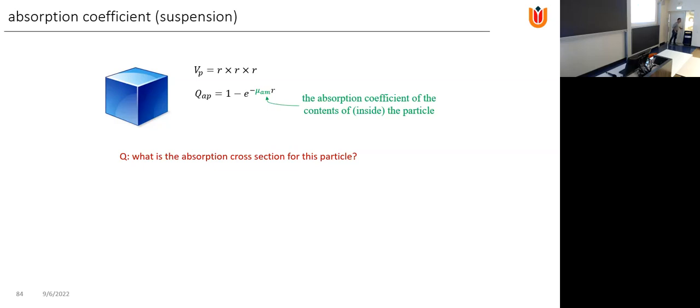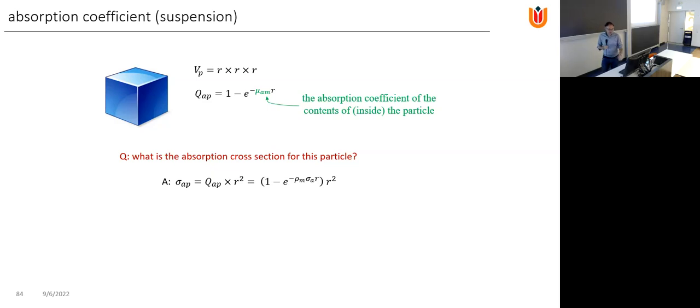The absorption efficiency was dimensionless. The absorption cross section has units of square meters. Yeah, so we have to multiply it with an area, and in this case that's the area of the particle, so multiply it with r squared. So the absorption cross section of this particle would be the expression on the right-hand side.